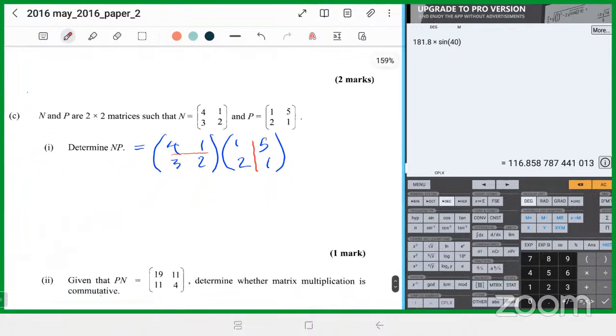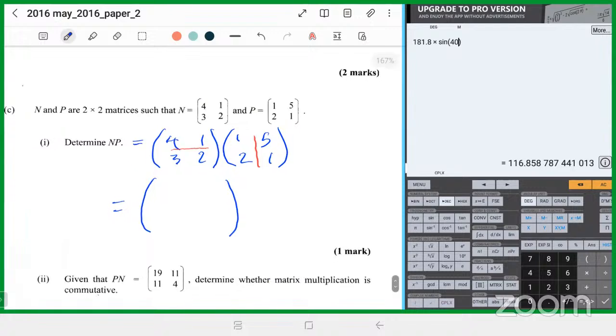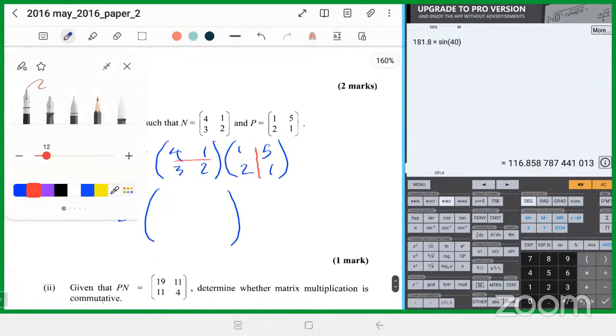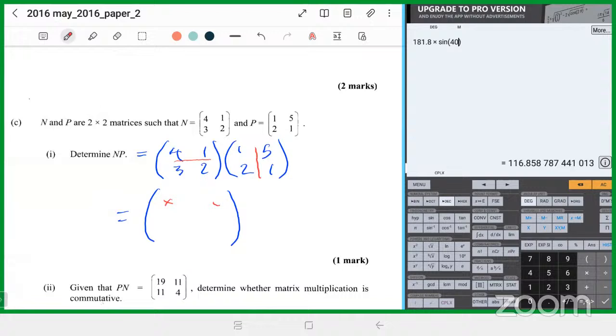All right, let's do the calculation here. The first value is in the first row and the first column. So to get it, we multiply this first row with this first column.